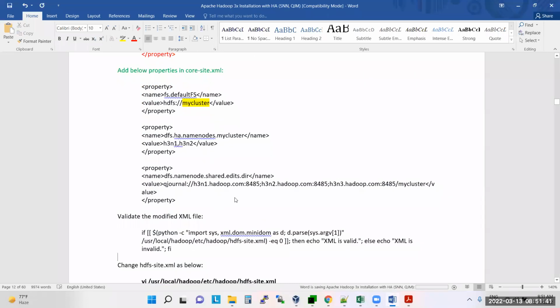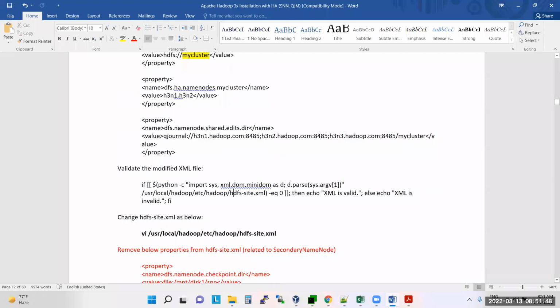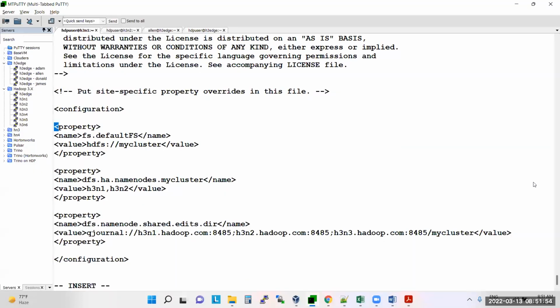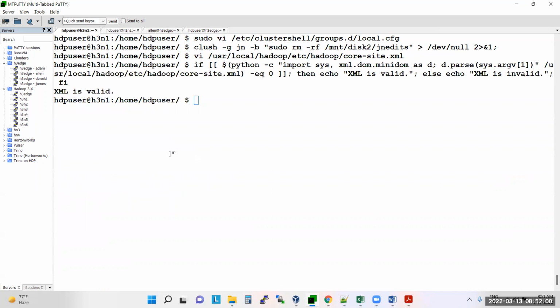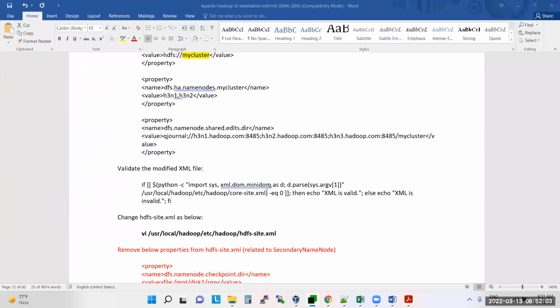I change core site, right? Okay, I'll change it to core site. XML is valid. If it is invalid, then there is some issue, guys. Okay, valid, fine. But now in the HDFS site XML.